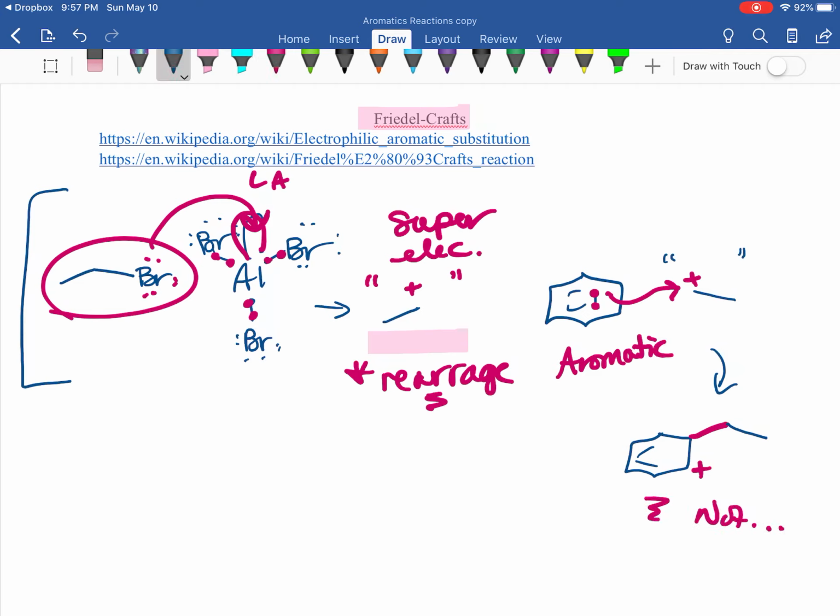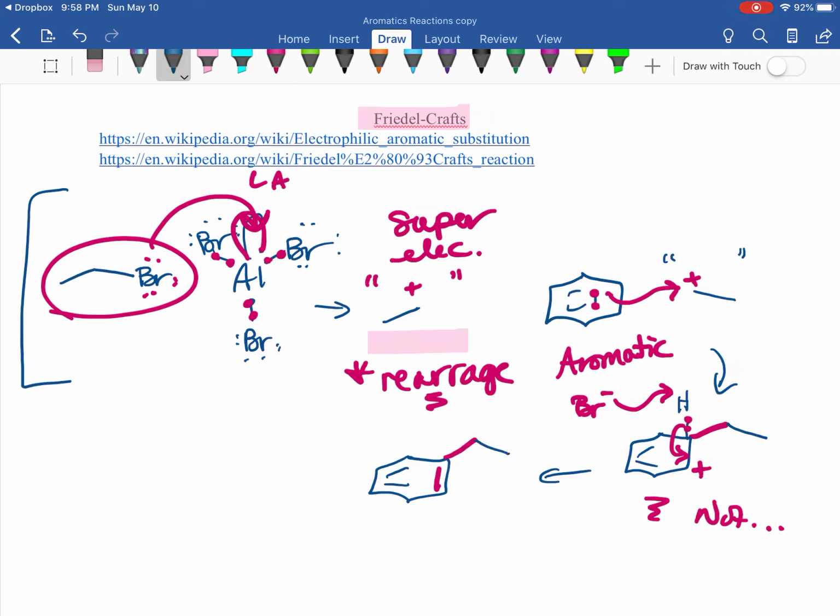But is this going to last? Remember, this is aromatic, this is not. So this next step is going to be so fast. That is that elimination, ipso. Okay, we'll have probably one of our Br minus there. It's going to take that and reform your benzene every single time.